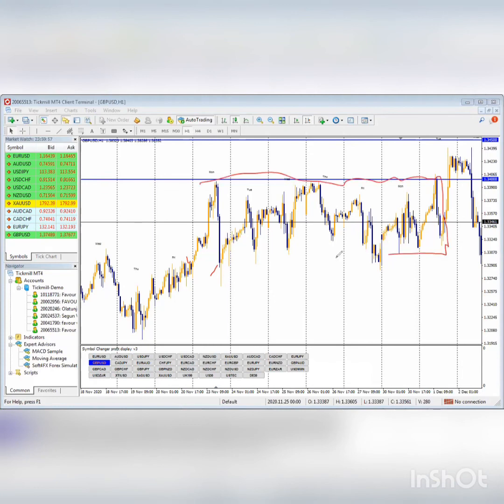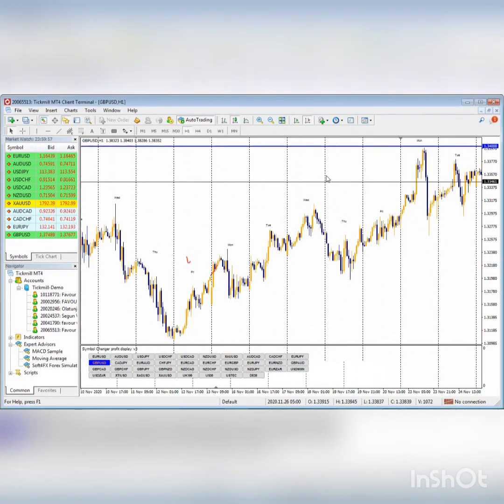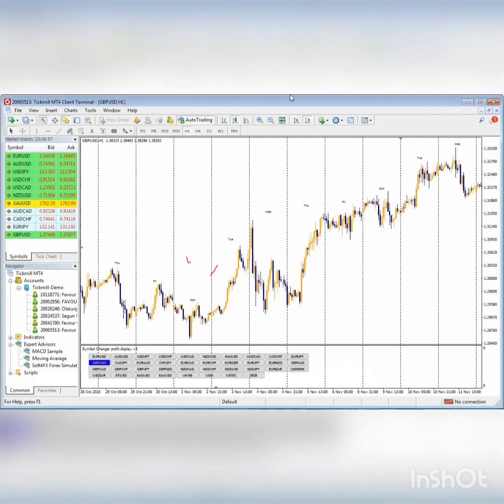You see, the market was moving sideways. You can't find a definite direction. Hope we get this.